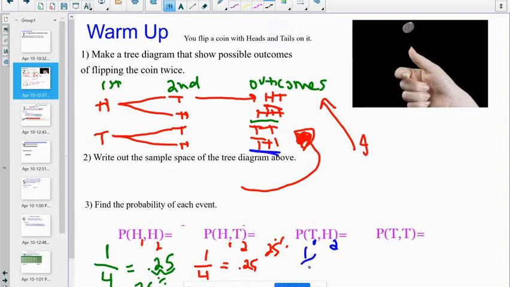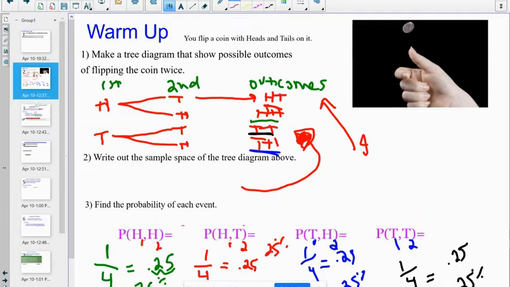So again, 1/4, 0.25, 25%. Now lastly, probability of flipping a tails first and a tails second. That's here. So there's only one option, 1 out of 4. And I know by now you probably know that 1/4 is 0.25 or 25%. So they all have the same probability.